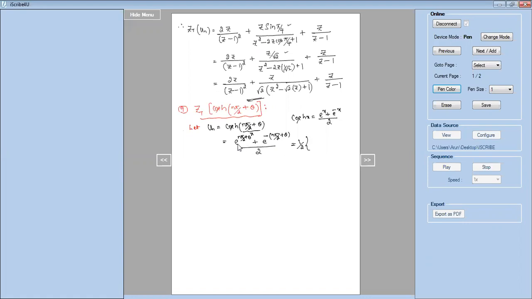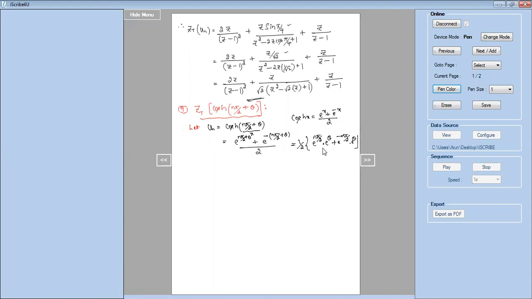It is like a plus b, and you know e power a plus b can be written as e power a into e power b. So I can split this: e power n pi by 2 into e power theta, plus the second term, e power minus n pi by 2 into e power theta. So the functions are split.